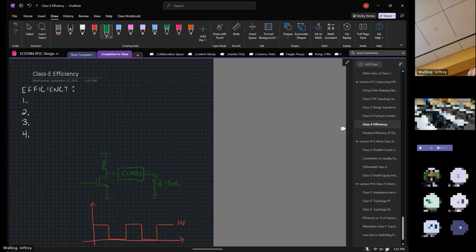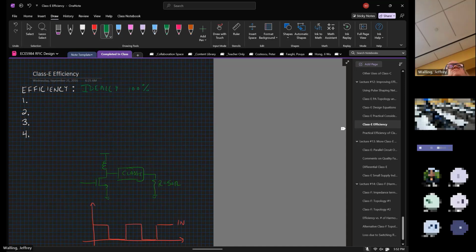All right, so ideally, the efficiency is 100%. If we've done our jobs very well as circuit designers, we've managed to get the waveforms to not overlap, and so we don't dissipate any power in the transistor.